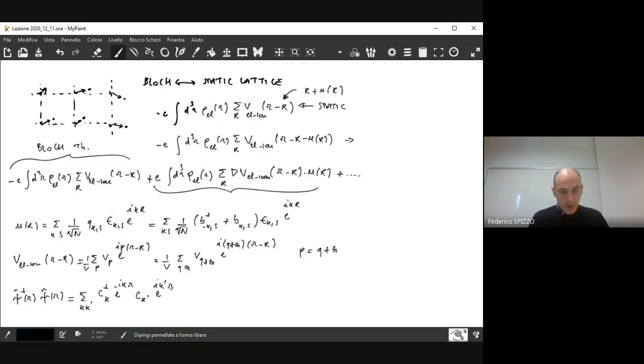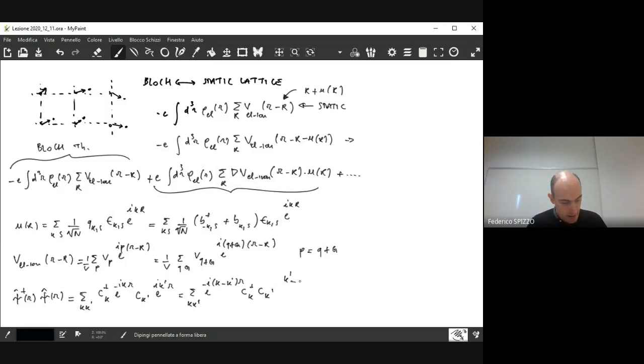So in this picture, we may combine the two phases. So we have a sum over k and k prime of e to the minus i (k minus k prime) r. Then we have the creation operator for k, the destruction operator for k prime.